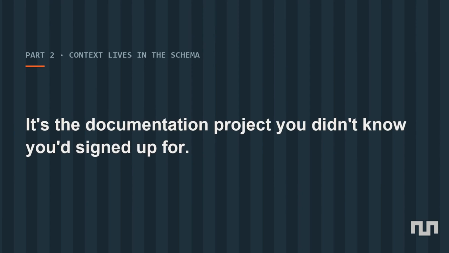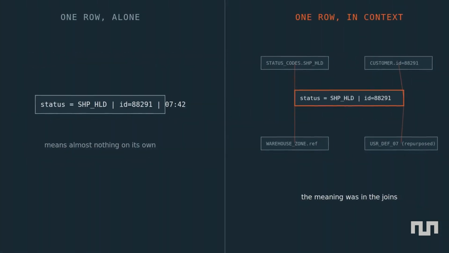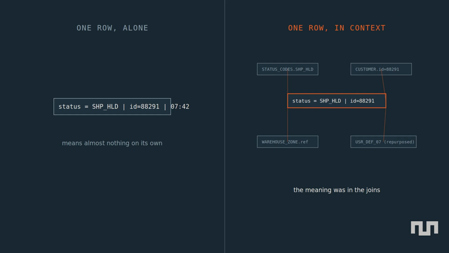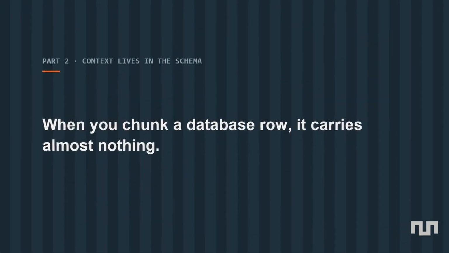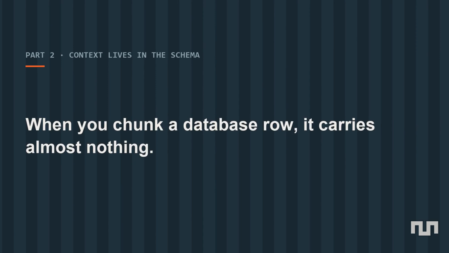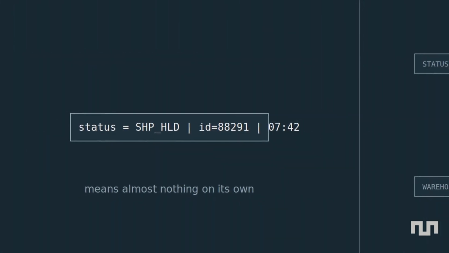Teams usually discover this after their first evaluation round, and the fix everyone reaches for is enrichment. Flatten the joins, expand the codes into English, write a natural language description of each record before embedding it. That does work. But notice what just happened.